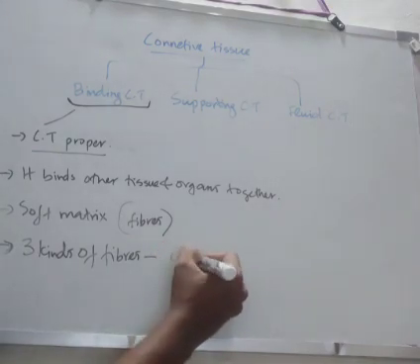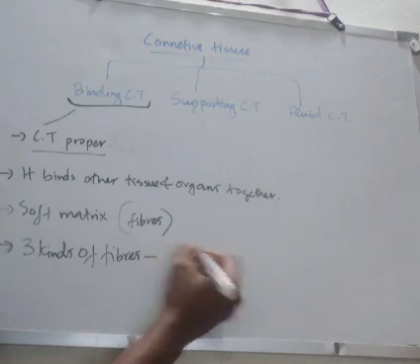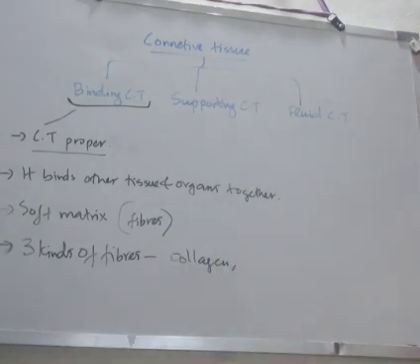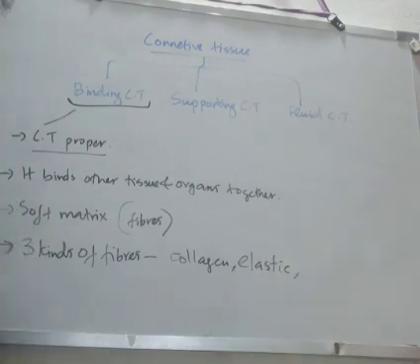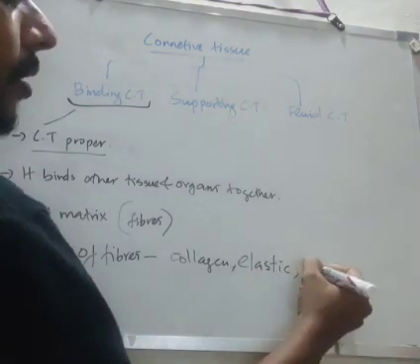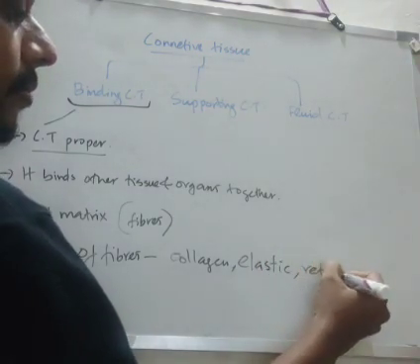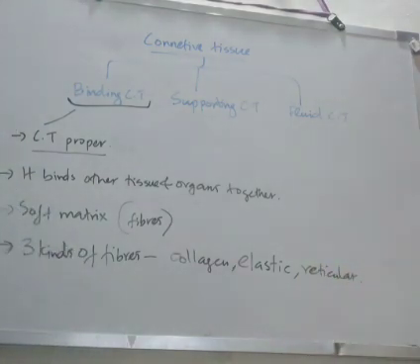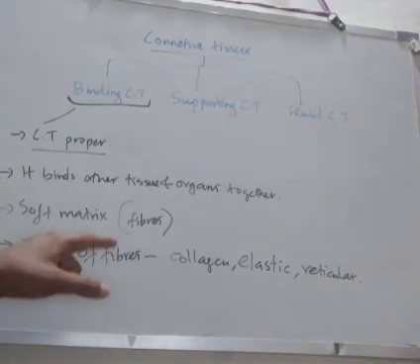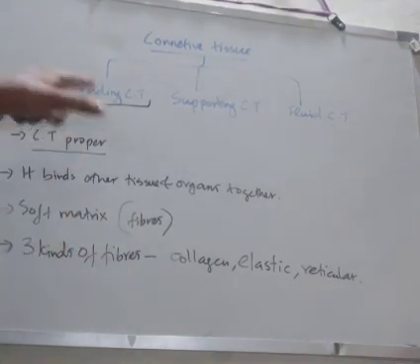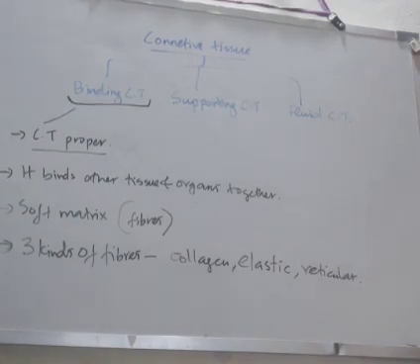Collagen fiber, elastic fiber, and reticular fibers. These are the three kinds of fibers in the soft matrix of binding connective tissue.